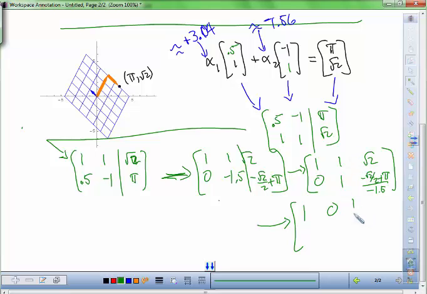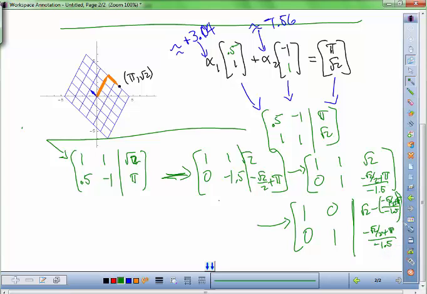So this would be square root of 2 minus this whole big mess, negative root 2 over 2 plus pi divided by negative 1.5. So if you work out these two values, you should get something fairly close to about 3.04 and negative 1.56.